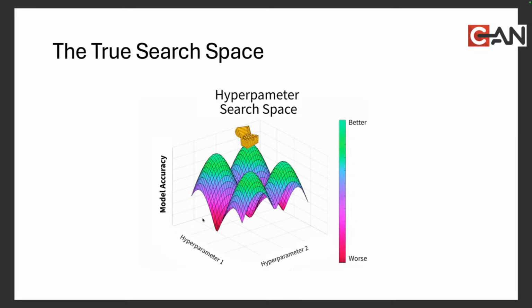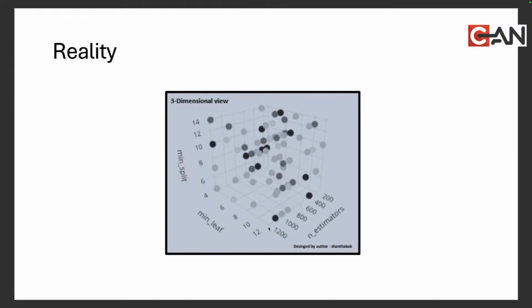So trying everything isn't going to work for us unless you have a lot of time and a lot of money. And when we expand to multiple parameters, this gets complicated as well, because in reality, we're just trying a bunch of spots, right? We're just picking a spot and trying it and seeing what the performance was.